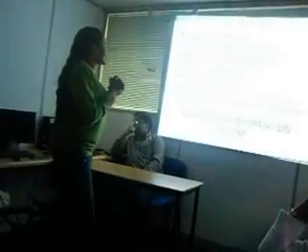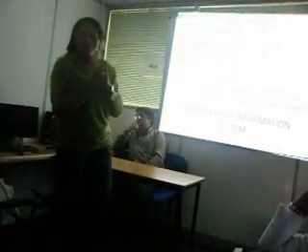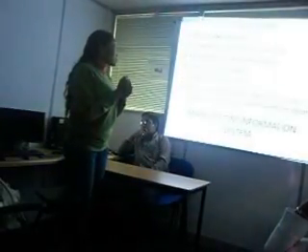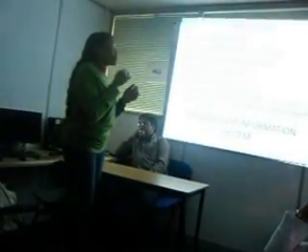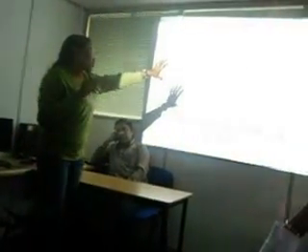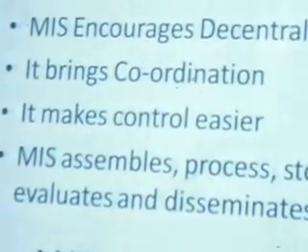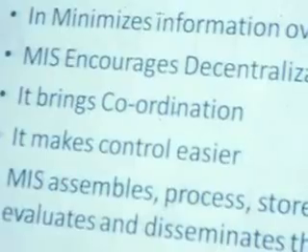Another one is decentralization as a requirement in an organization. Which software will be required in a case whereby an organization wants to achieve this? We recommended MIS because it encourages decentralization.